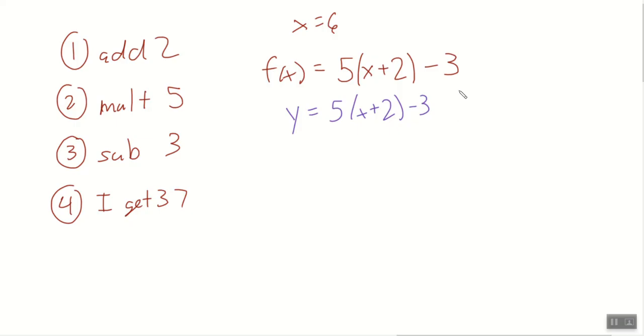Now, remember when I say we switch our domain and range? Our domain is our x values. Our range is our y values, right? So if I switch down the table, I'm going to switch it right here too. Instead of y, write x. And instead of x, write y.